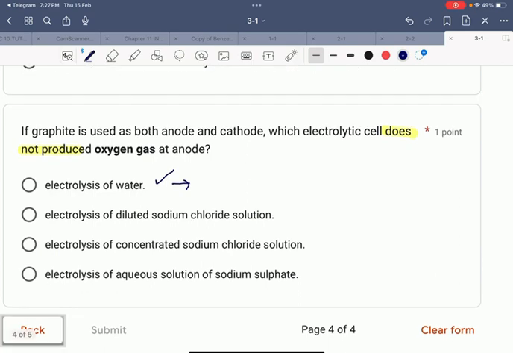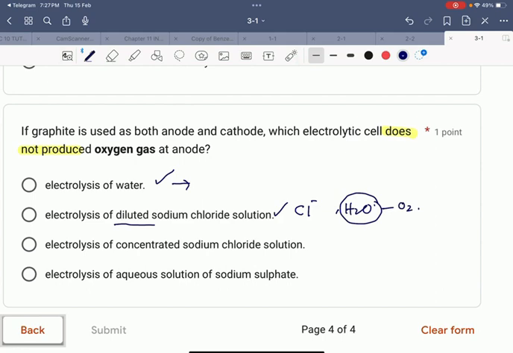Okay, electrolysis of diluted sodium chloride solution. So at the anode we have Cl minus and H2O. According to SRP, we will choose H2O. So H2O will oxidize to produce oxygen gas. Okay, so this produces oxygen.